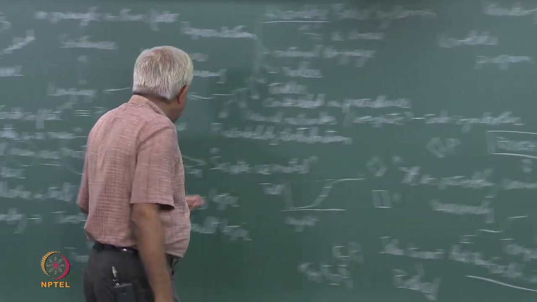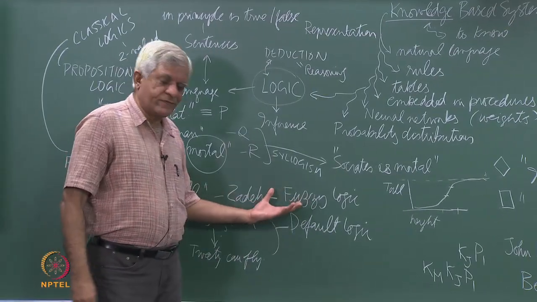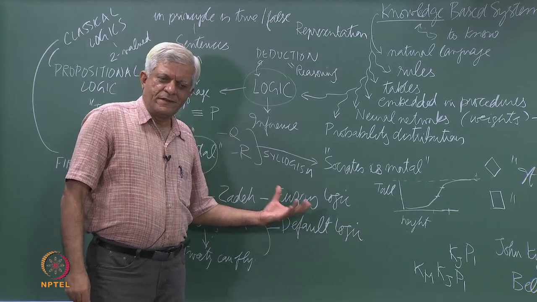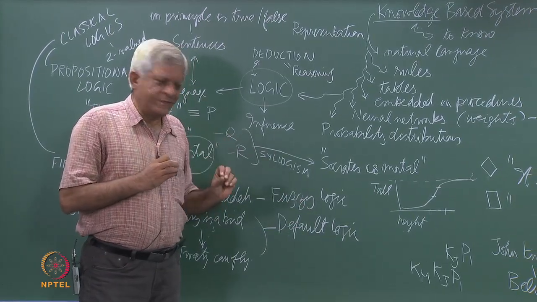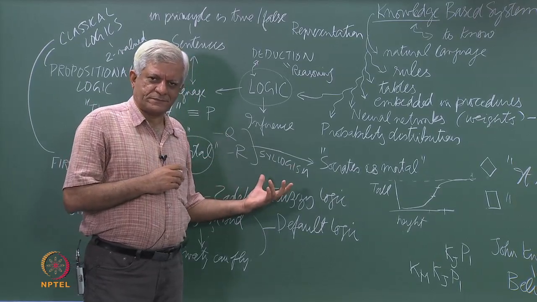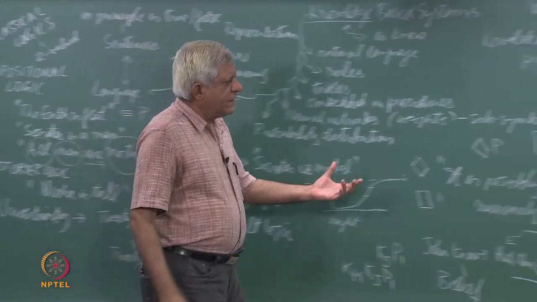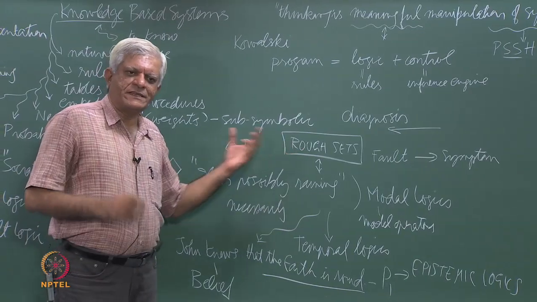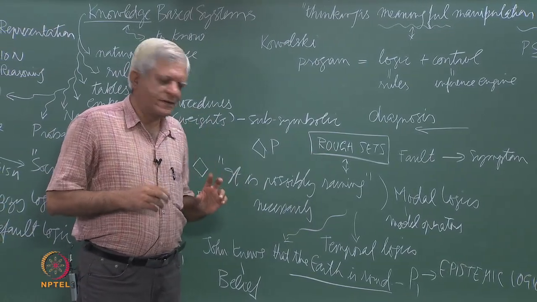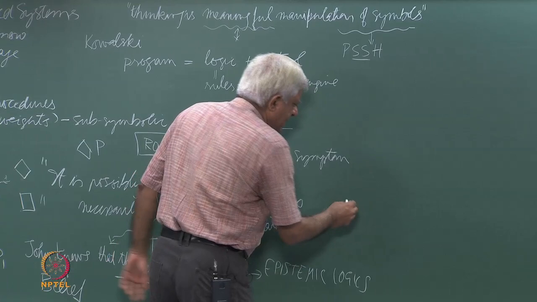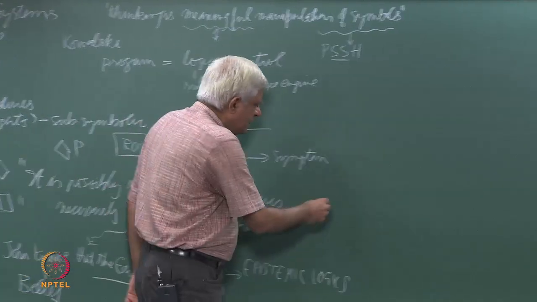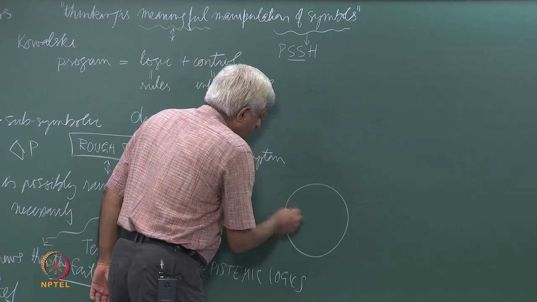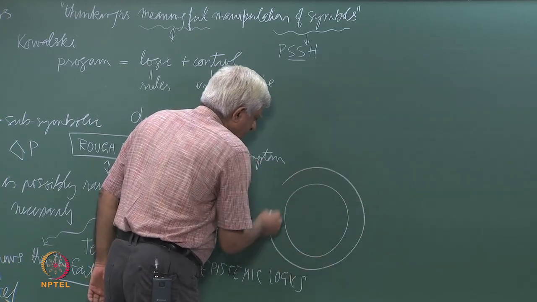So, just like fuzzy sets form a basis for fuzzy logic, and fuzzy sets are sets in which membership can vary to degrees, rough sets are sets which have basically two boundaries. For example, if I am talking about the set of tall people, I could draw one boundary here and another boundary here.